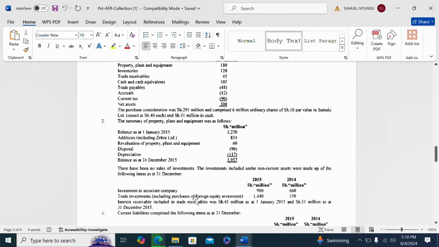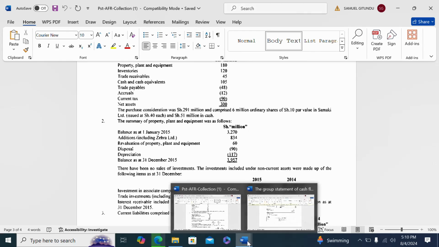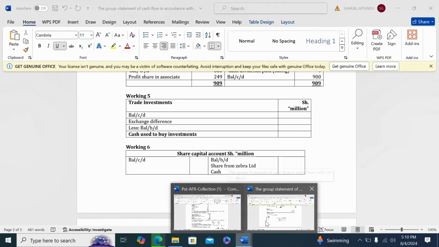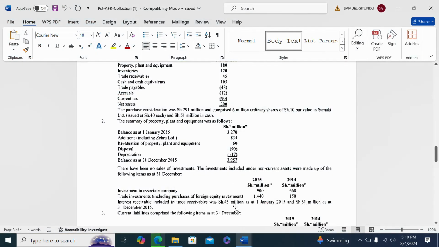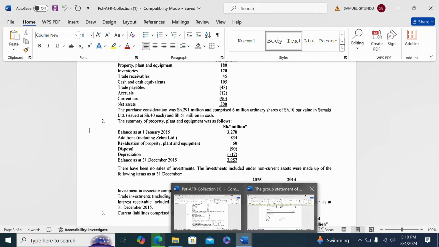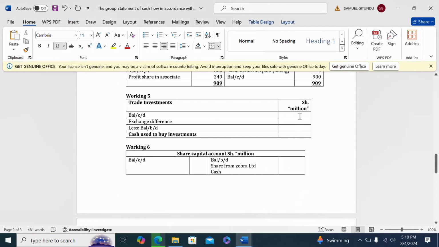The balance carried down of the trade investment is 1440, and the balance which was brought down, that is at 1st December 2014, was 150. So the balance carried down is 1440, and the balance brought down, which we deduct, was 150.